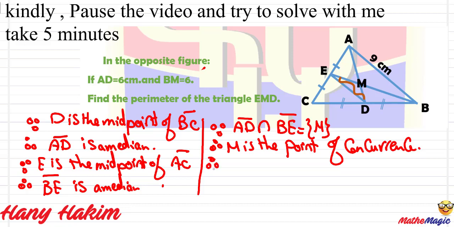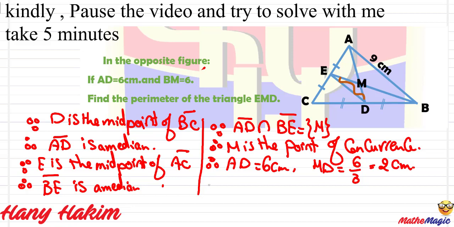Therefore I can say AD was 6 centimeters, I can get MD by dividing 6 by 3 to get only one part, which is equal to 2 centimeters.